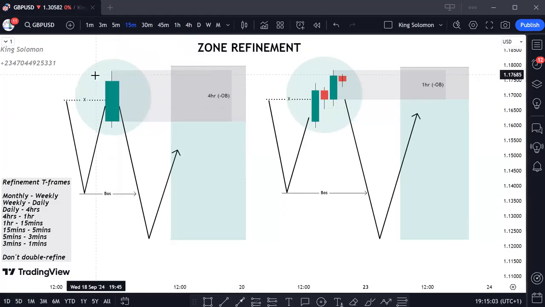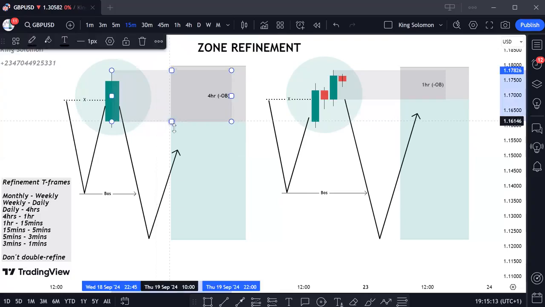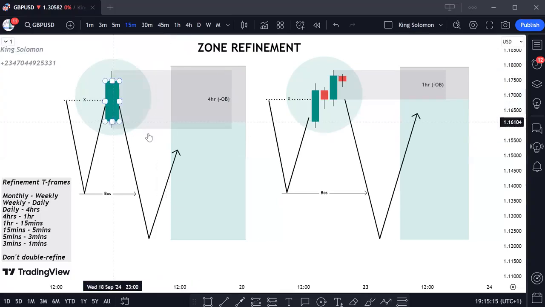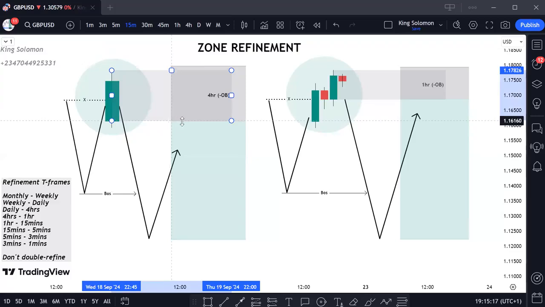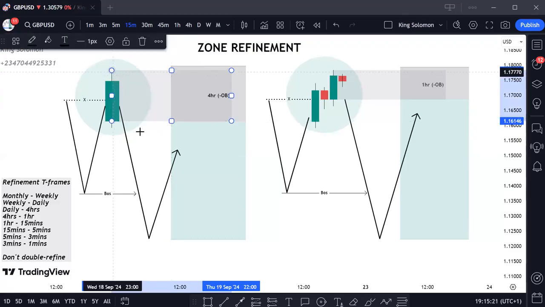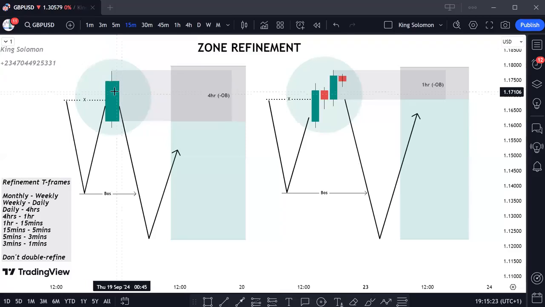And now, how do you mark it? You mark it from the body to the other side of the wick. It means in this bullish case, you don't want to mark it from this place, you want to mark it from the body, taken from the body all the way to its low. And if it's a bearish candlestick, you want to mark it from its body as well.